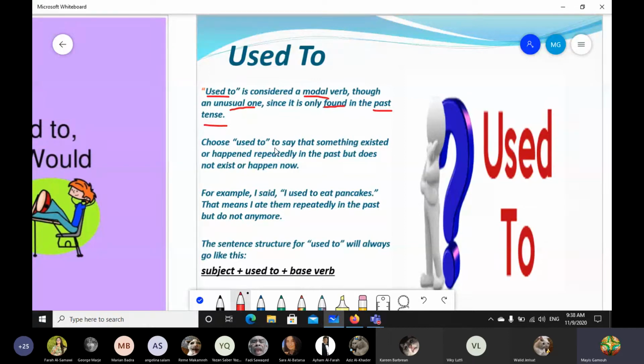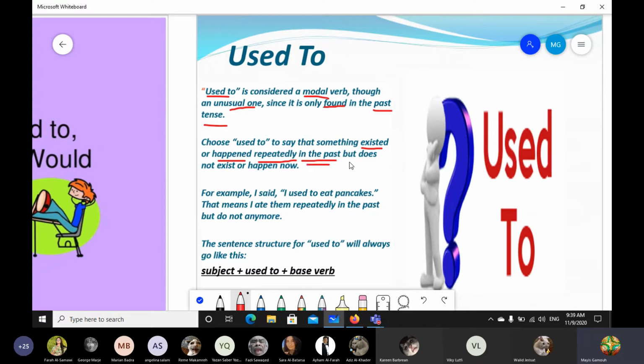We use used to say that something existed or happened repeatedly. Something existed, or happened repeatedly, meaning it's with habits in the past, and pay extra attention to this, in the past.